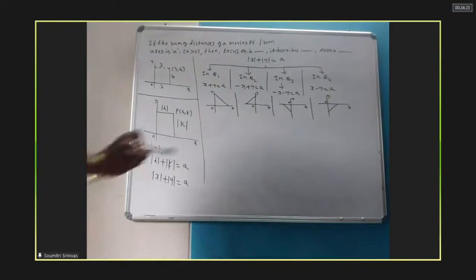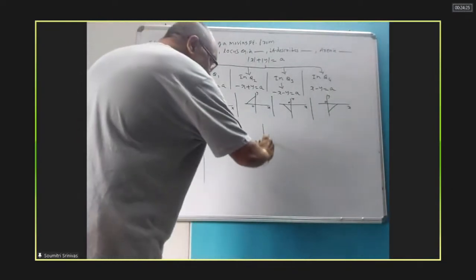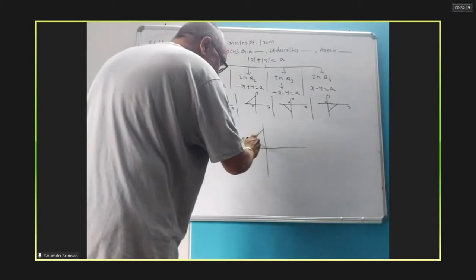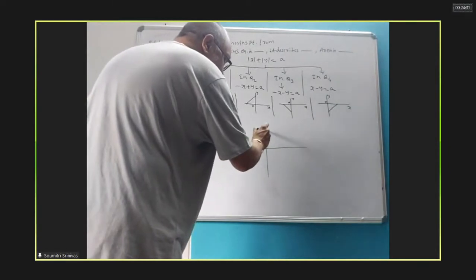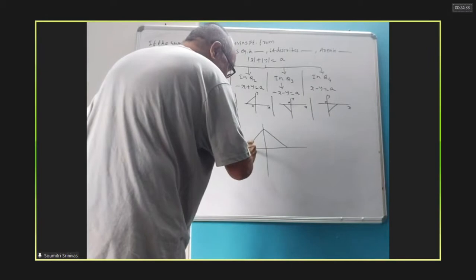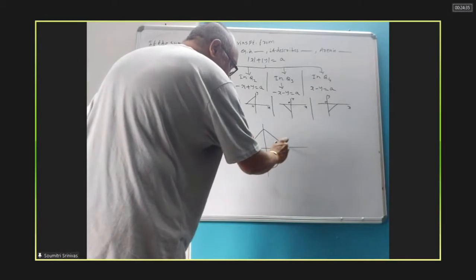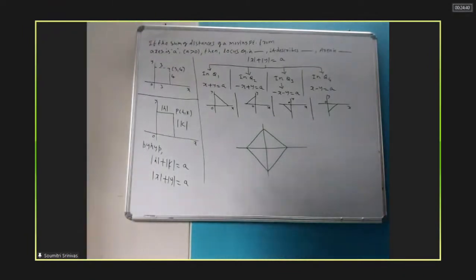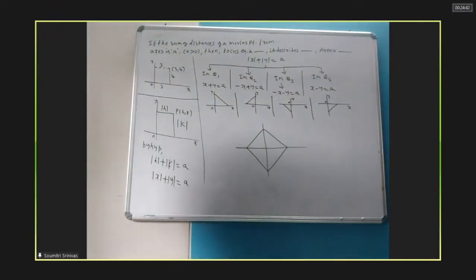Can you club all the four? What do I obtain? Angle between the sides is 90. Lengths are equal.